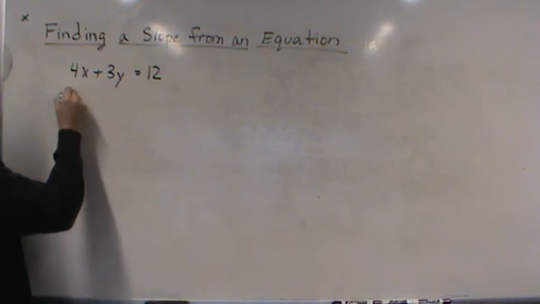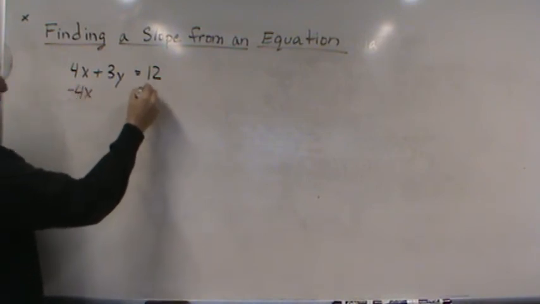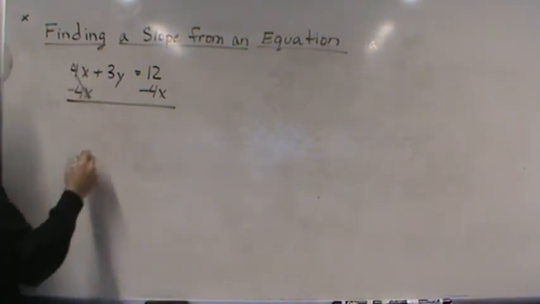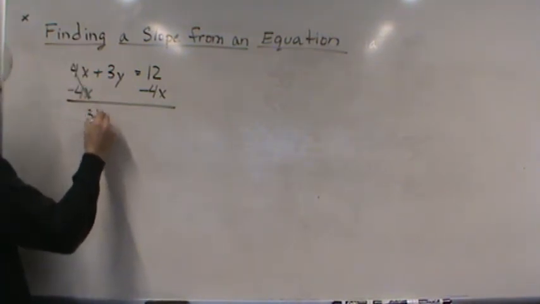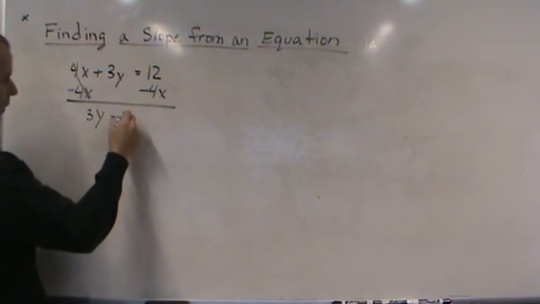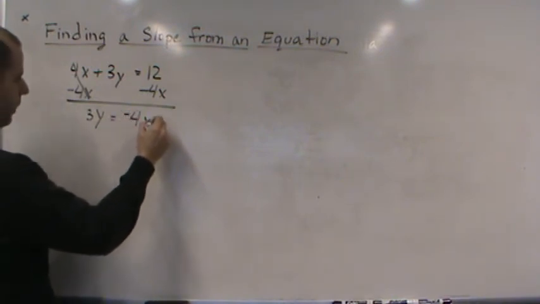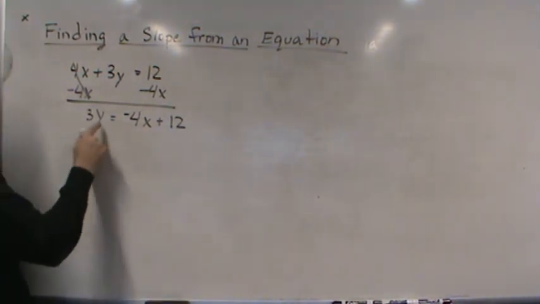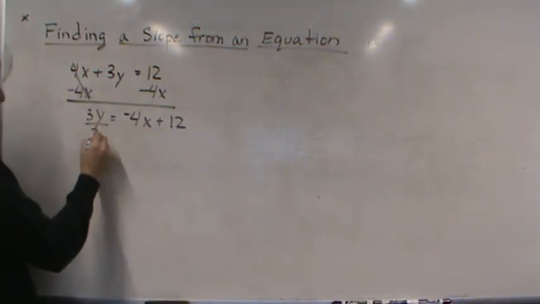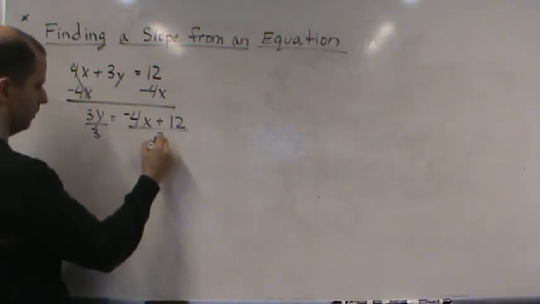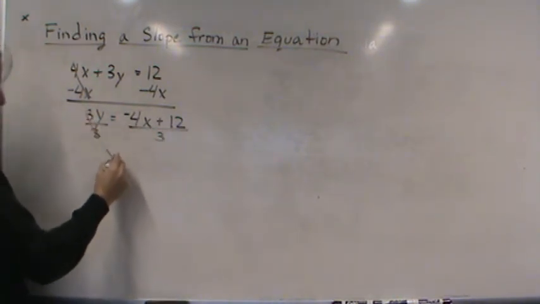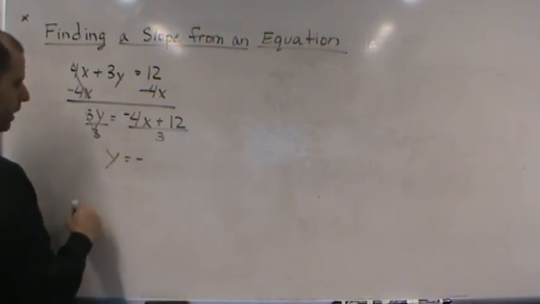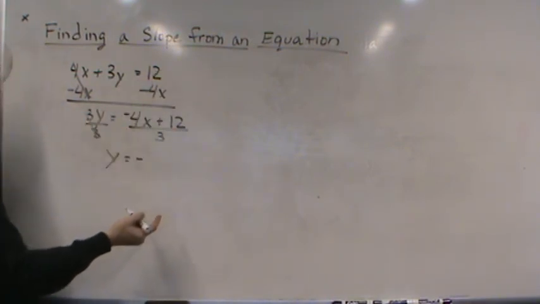So I'm going to just subtract 4x from both sides. And then I'm going to get 3y equals negative 4x plus 12. And now I'm going to divide everything by 3. And so I get y equals negative, now I'm going to split this up into two fractions, right? Because I want it in y equals mx plus b.